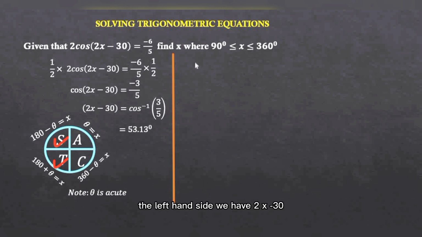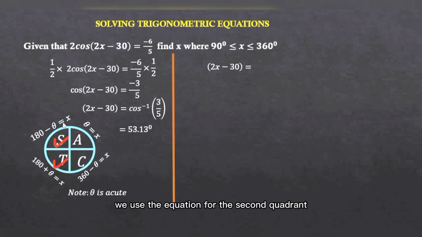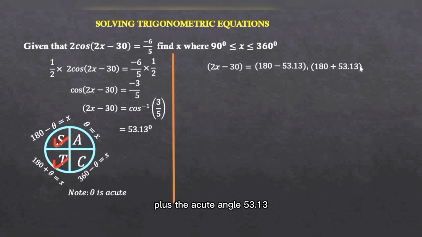On the left hand side we have 2x minus 30, and on the right hand side we use the equation for the second quadrant, that is 180 minus the acute angle, and the acute angle we have here is 53.13, and for the third quadrant we have 180 plus the acute angle 53.13.